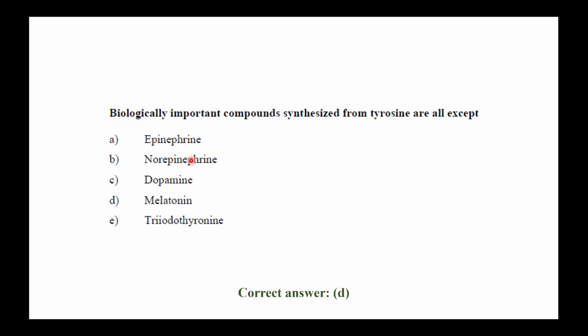Other than that, epinephrine, norepinephrine, dopamine, these are all catecholamines. These are synthesized from tyrosine. Triiodothyronine is an intermediate in thyroid metabolism, and it is also synthesized from tyrosine.